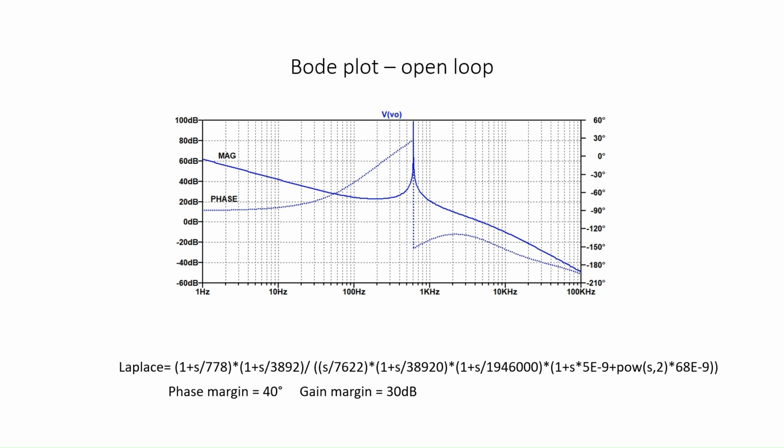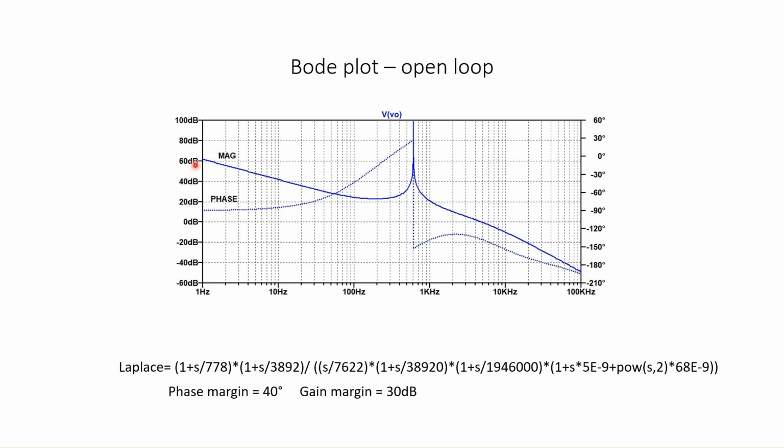So this is the open loop Bode plot, nothing but the RLC circuit Bode plot here. This is the magnitude with compensator.